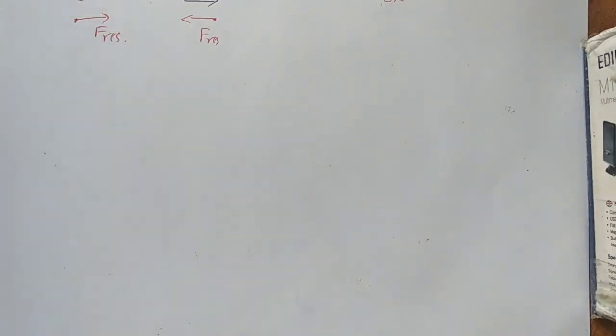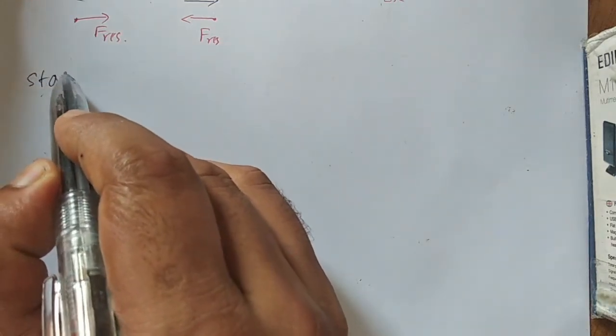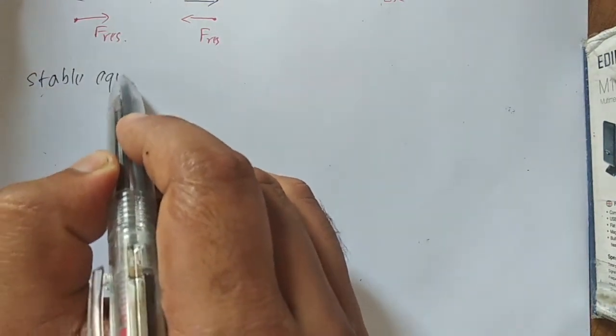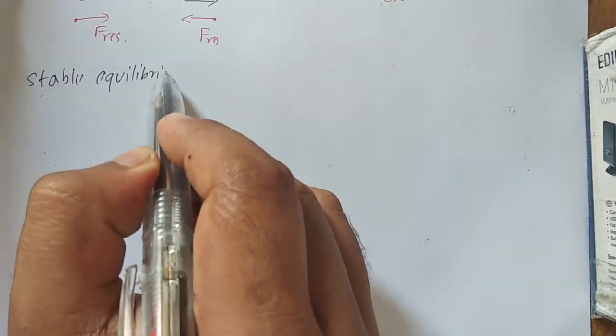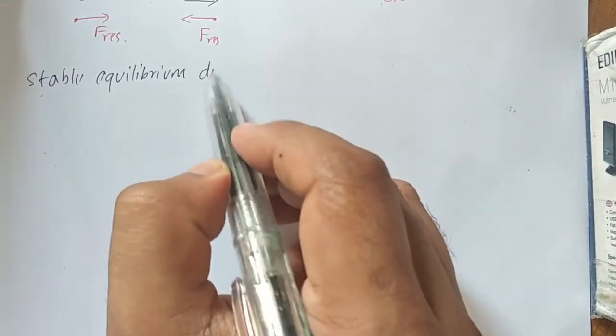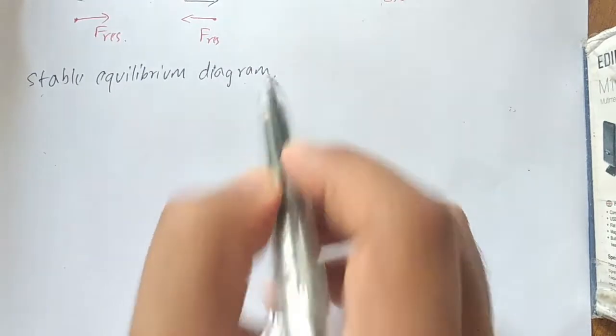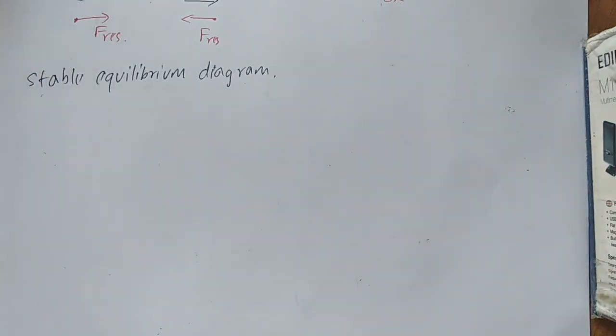So let us understand the diagram now. Stable equilibrium diagram. I have already discussed the visualization of the stable equilibrium by taking a case of a bowl and a ball.